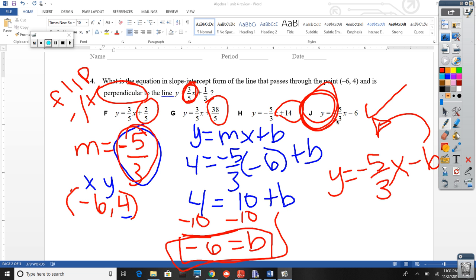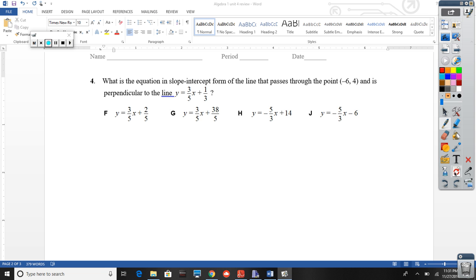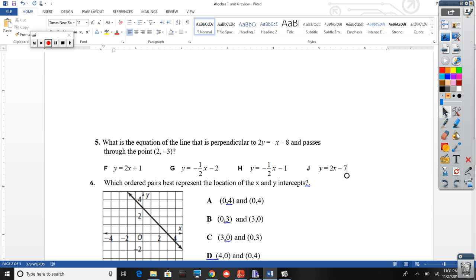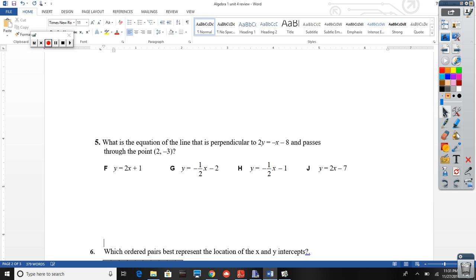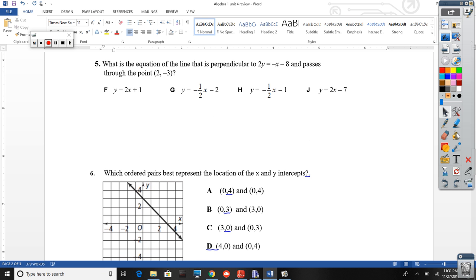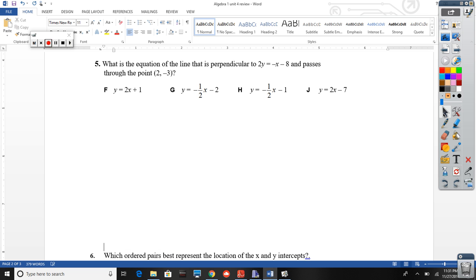If it would have been parallel, you would have done the same thing, except you would have kept the same slope as 3 over 5, right? Alright, pause it if you need to. Don't worry if you don't finish today during the class period. Guess what? You get to take it home and study anyway, so why not take your time, really understand it.